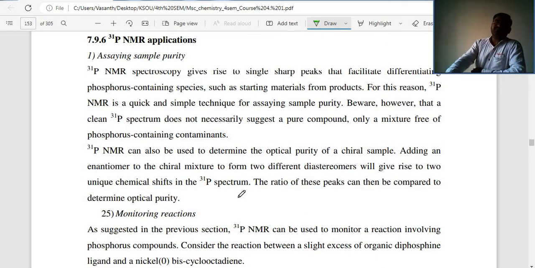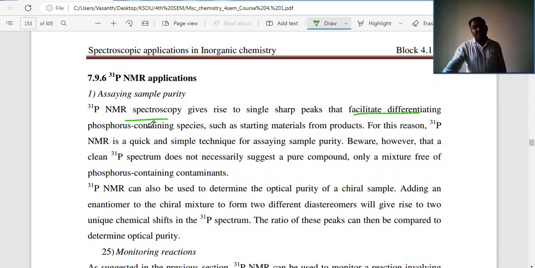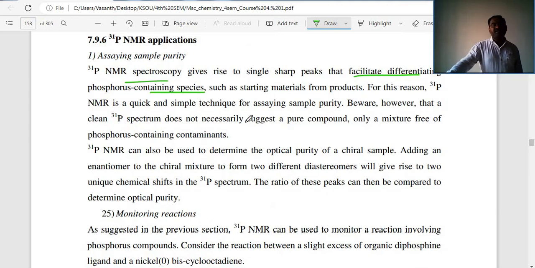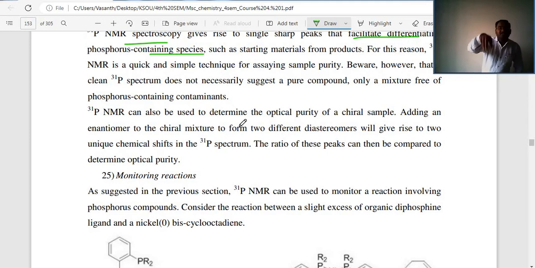What are the phosphorus NMR applications? Phosphorus NMR spectroscopy gives rise to single sharp peaks that facilitate differentiating phosphorus-containing species, such as starting material from products.